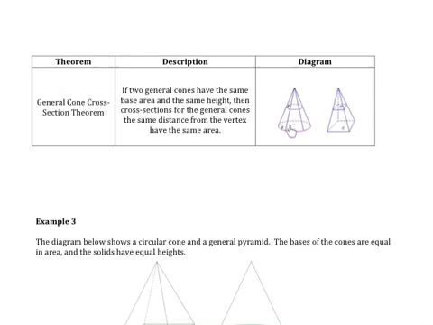Again, because area is not dependent on shape, so it really doesn't matter what the shape is. If they have the same area and they have the same height, so they have the same distance away from the center of dilation, then at every level, the corresponding cross sections are going to have the same area.